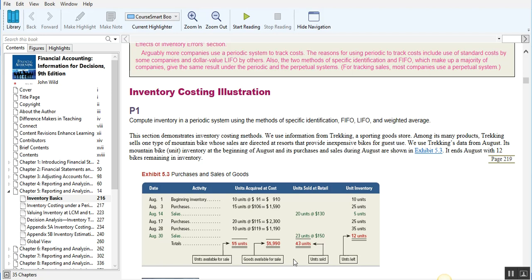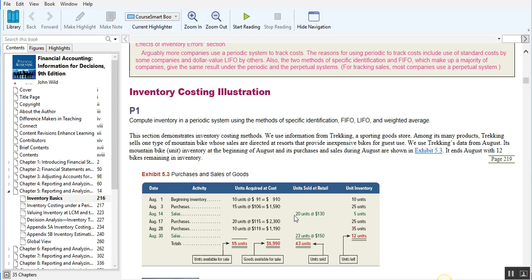As we sell these goods, we have a couple of choices to make. We can specifically identify what it is we're selling and say, these are the costs that we incurred for these, or we can use some kind of a FIFO or LIFO approach. But here is the retail price we're going to sell the goods for.